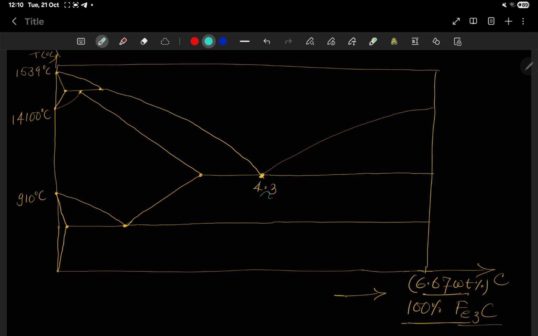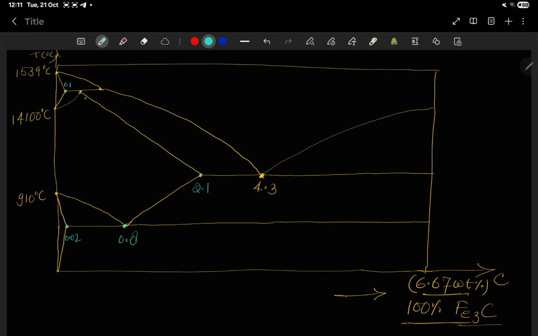Here we will get 4.3 weight percentage of carbon, and at this location we will get 2.1 weight percentage of carbon. This location is 0.8. This location is 0.02. This location is 0.1.